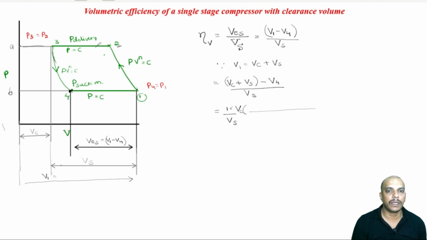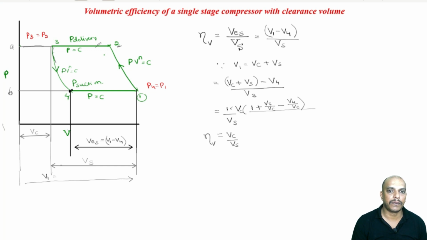If I take Vc as common, then in the first term we will have only 1. In the second term it will be Vs by Vc minus V4 by Vc. So Vc by Vs I have taken out common.